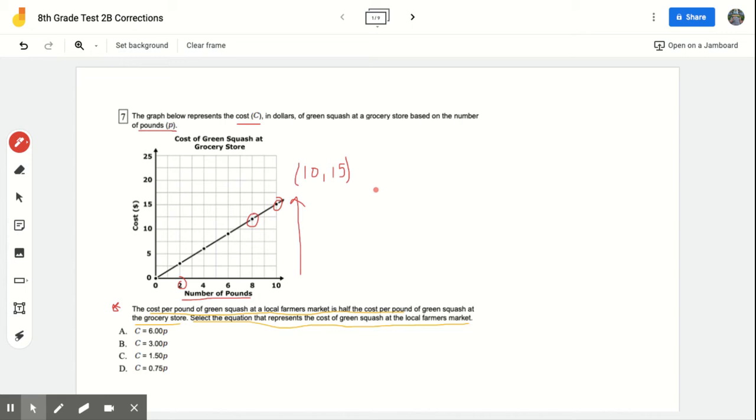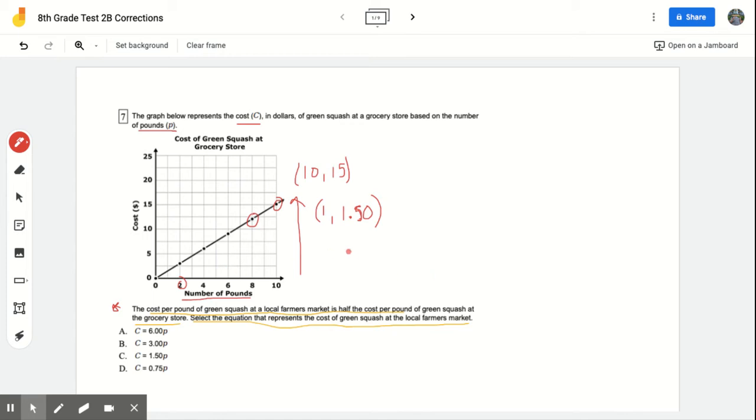So what that tells me is that if I wanted to figure out what 1 pound was, I would divide 15 by 10. It would give me how much it is per pound. So 15 divided by 10 is 1.5. And since we're talking about money, it's good to put another decimal place, because whenever you see money written out at the store, it has 2 digits after the decimal place. 0.5 is the same as 50 cents.